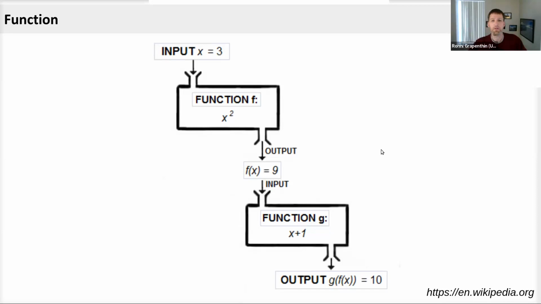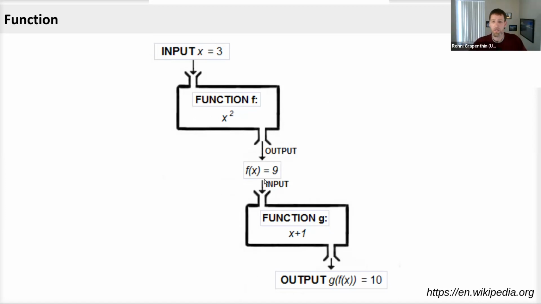Here's an example where we are linking functions. So here we have an input, x is 3. The function is square x. And then we get an output. For 3, 3 squared is 9.